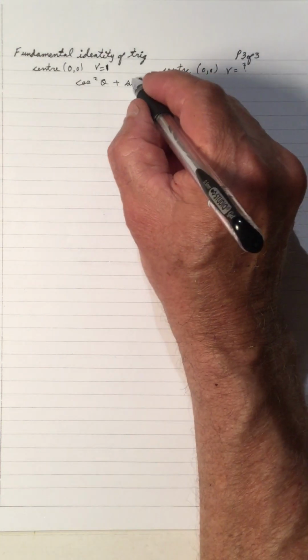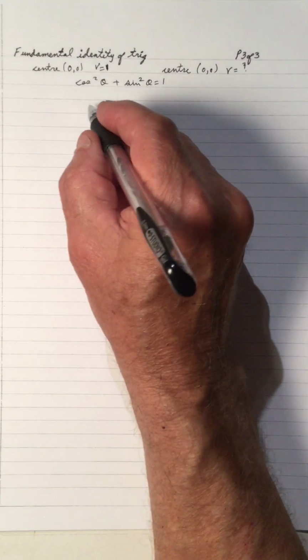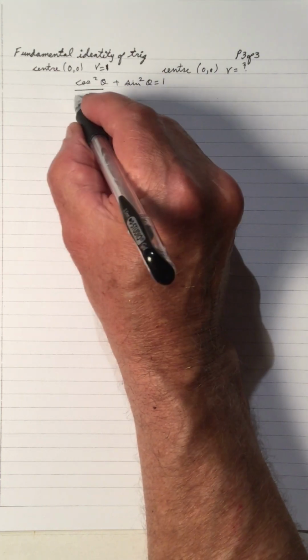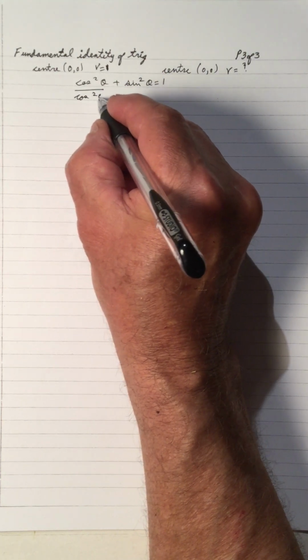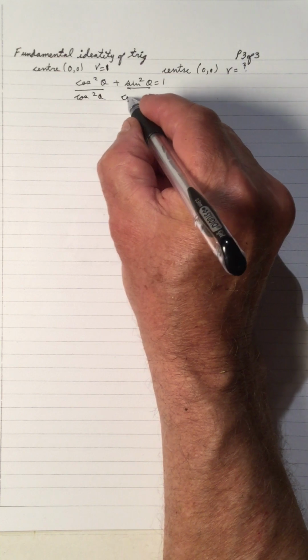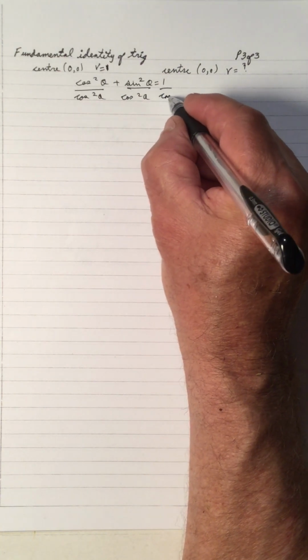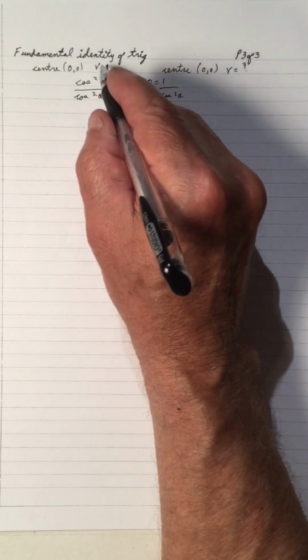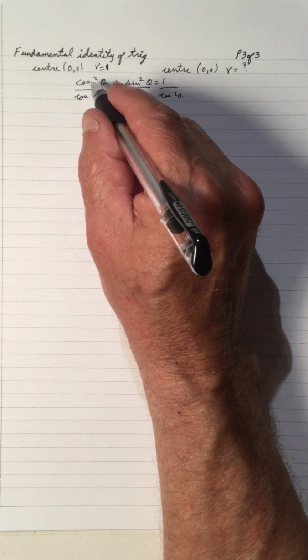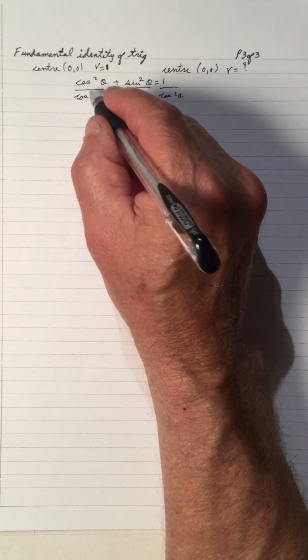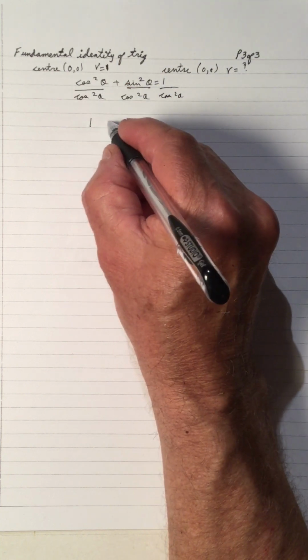So in relation to this fundamental identity, let's divide each part of the equation by cos squared. There we are. So cos squared divided by cos squared is 1.